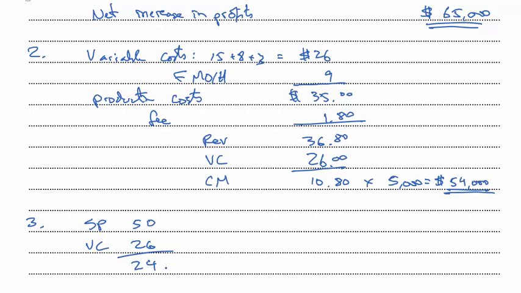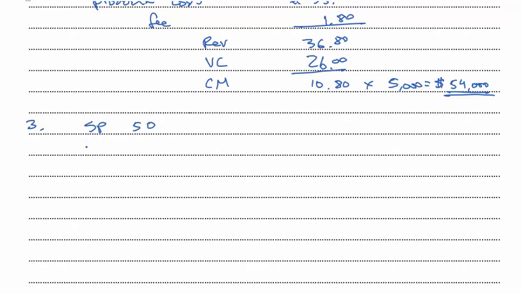So regular channels now, we've got a selling price of $50, variable costs of $26, so that works out to $24 contribution margin. Actually wrong, it's not purely that, because there's some variable selling in there, so I'm going to back that out. Darn it, this is not going to be that simple. I'm going to have to list these out. The variable costs then: it was 26, and the only other variable is this variable selling expense.